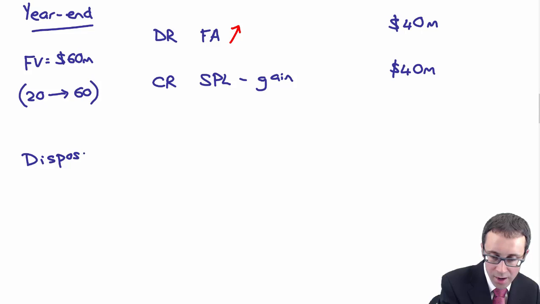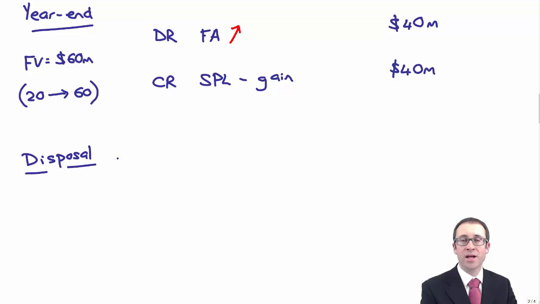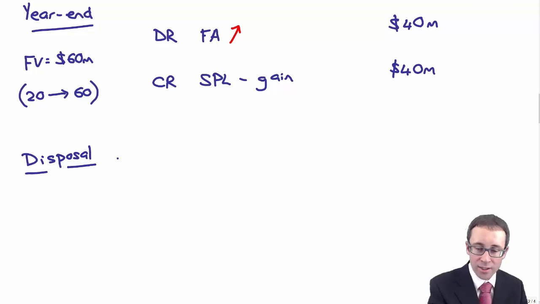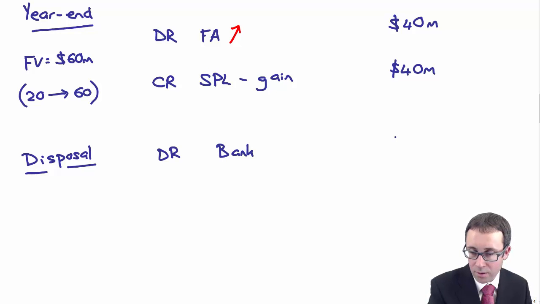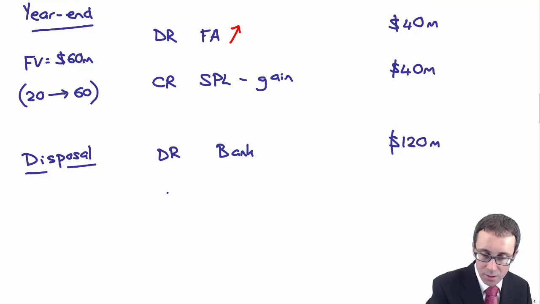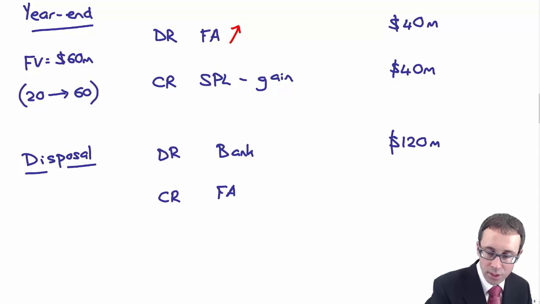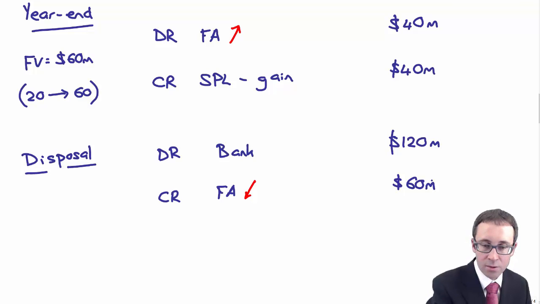What do we go through there and do on disposal? Well, we've sold that financial asset, we de-recognise it, and we have received cash of 120 million. So I debit the bank with 120 million. The financial asset I reduce, so I credit it with its previously known value, which was 60, wasn't it?